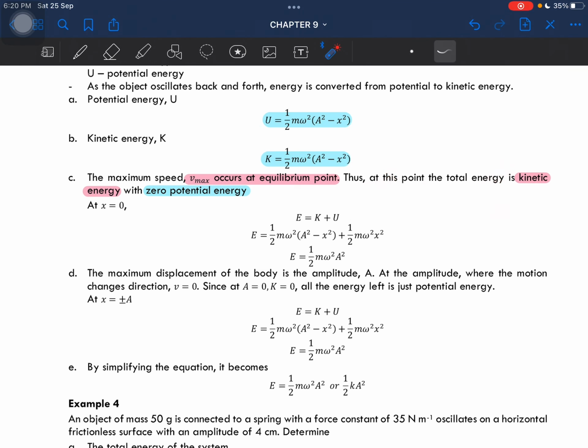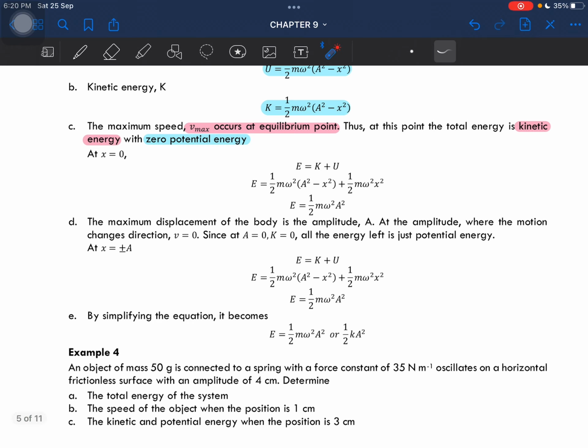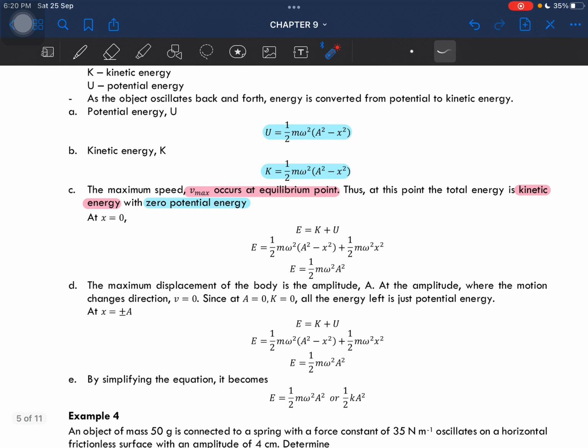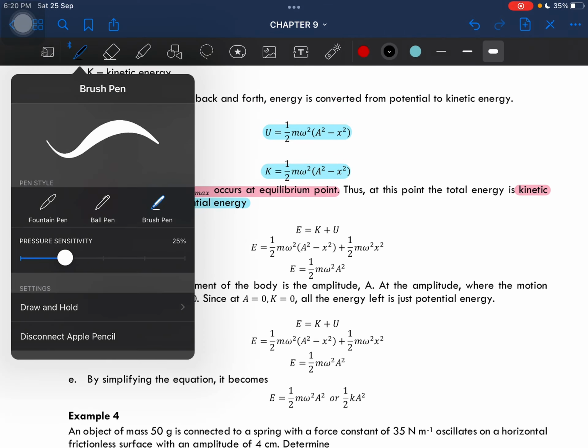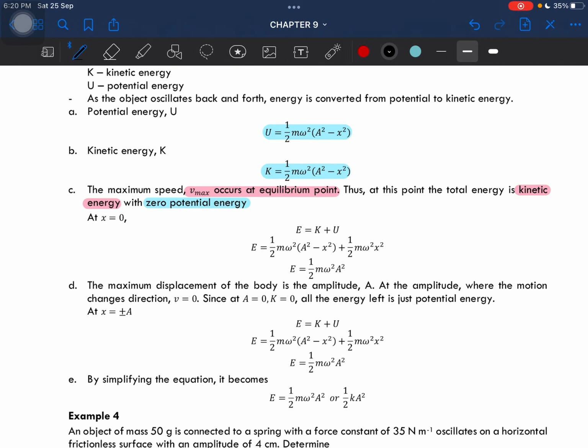We will be left with, oh wait, I feel like I've written the wrong equation. Oh yes, okay, I'll edit this later. It should be U equal to half m omega square x square.